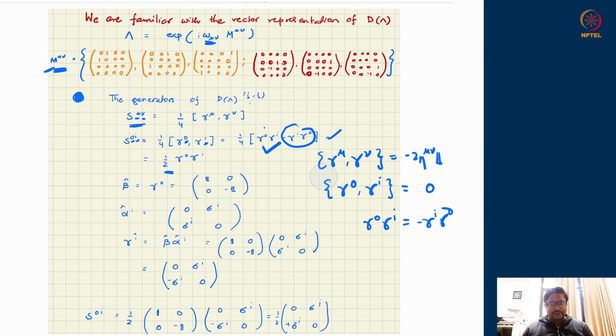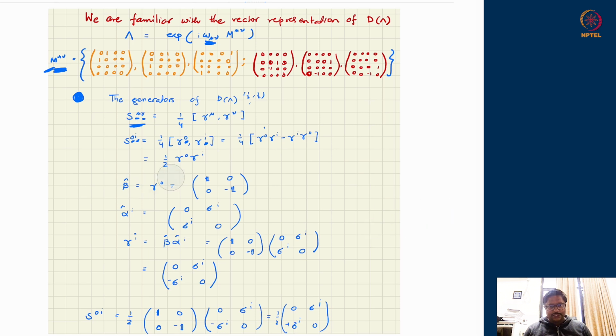All right, let me clean it up. The first three Lorentz transformation generators for spinors, S0I, are half times gamma 0 gamma I. Where gamma 0, if you remember, was the beta matrix itself, which is identity and minus identity along the diagonal, and gamma I was beta times alpha I, where alpha I had sigma matrices along the anti-diagonals.